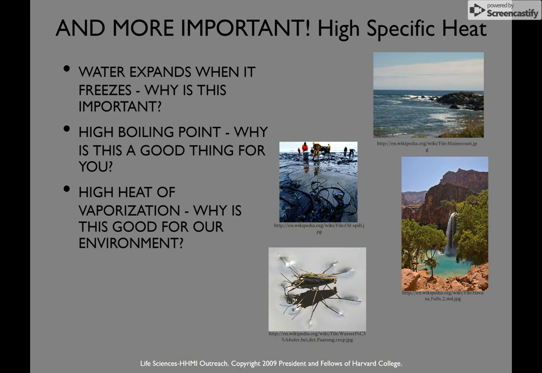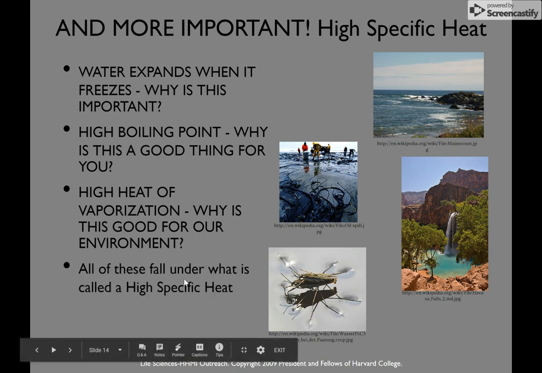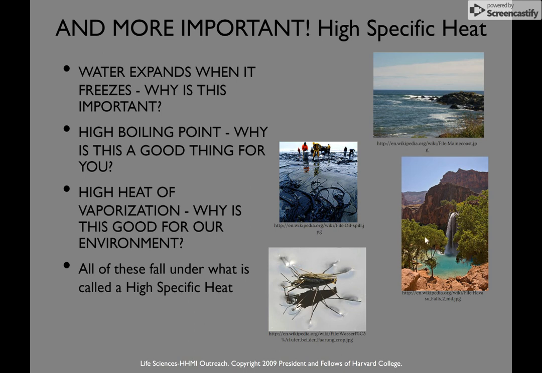Because water takes so much energy to become a vapor, that's its boiling point, we can use that as drawing a ton of energy from our skin as it evaporates off, so it cools us down. And the high heat of vaporization is an excellent thing for keeping environments cool. This is why areas around water are usually cooler than the general temperature.